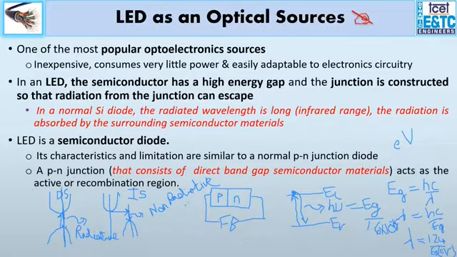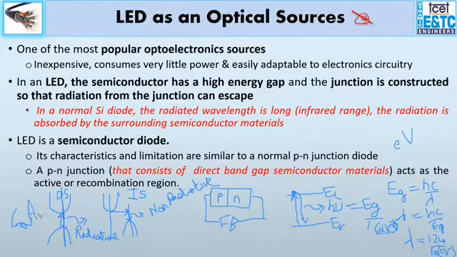So if I talk about semiconductor materials used for making LEDs, it is not silicon, but gallium arsenide and indium gallium arsenide, which are alloys of group 3-5 of the periodic table.